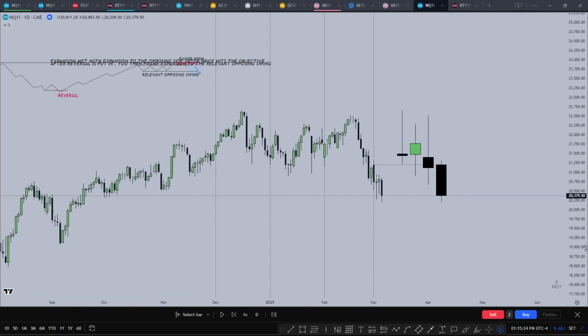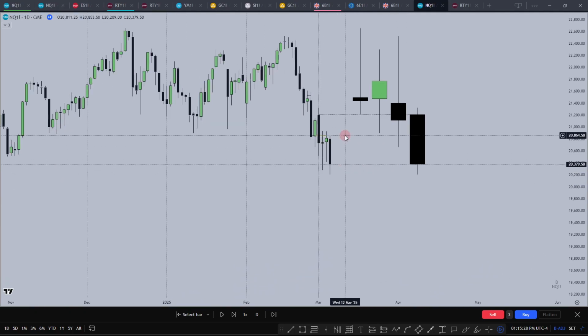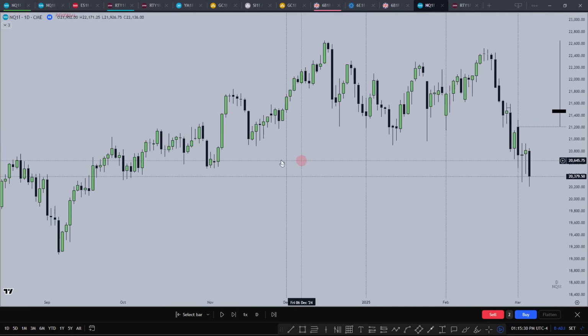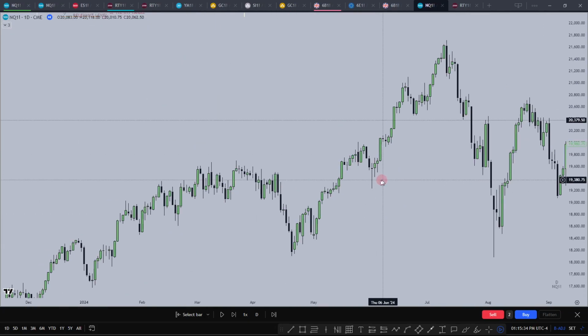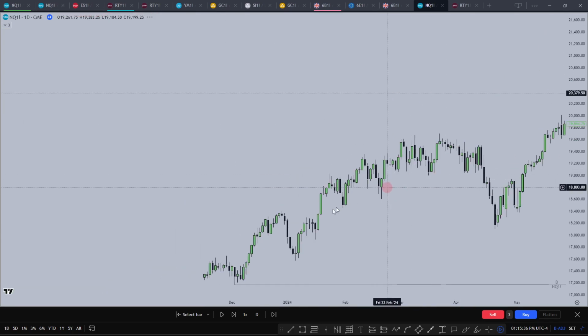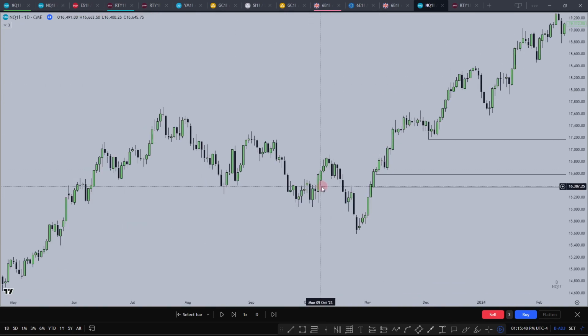There were many candles with large wick, but I wanted to show you guys the best example. That's why 3 August 23 and 10 August 23.